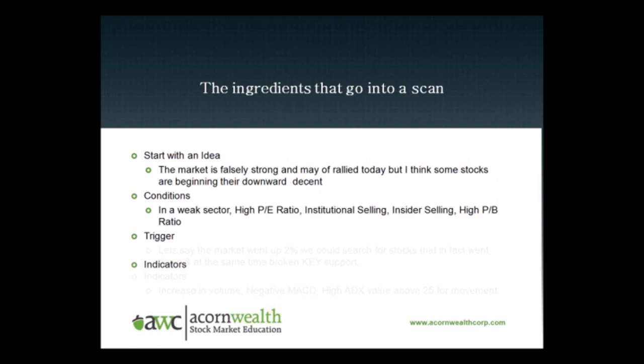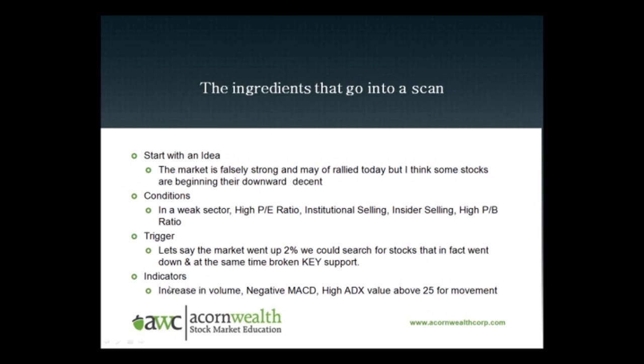And once we know all of this information, we can complete the picture by looking at some of the indicators, such as an increase in volume. For example, as the stock drops, we want to see that momentum increasing. A negative MACD shows that there's momentum down. And then in markets like these, where December can sometimes start flattening out with a lack of volatility, we may want to look for ADX, which indicates movement.